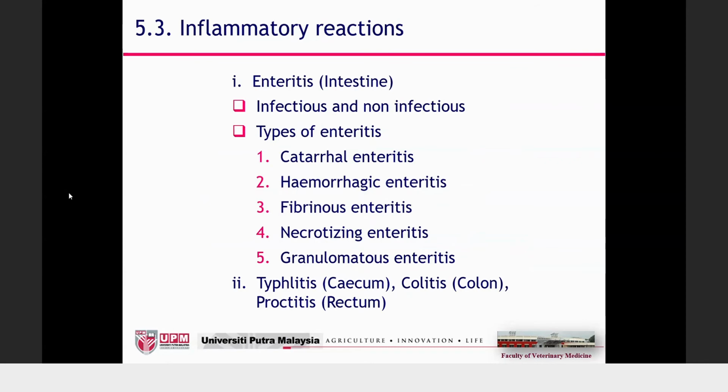But in this case, hemorrhagic, because in the oral cavity, perhaps the ulceration will lead to hemorrhage. It's not as severe as those of the intestine. That's why in type of enteritis, we have hemorrhagic enteritis. Fibrinous. Fibrinous is something to do like vesicle or maybe ulceration.